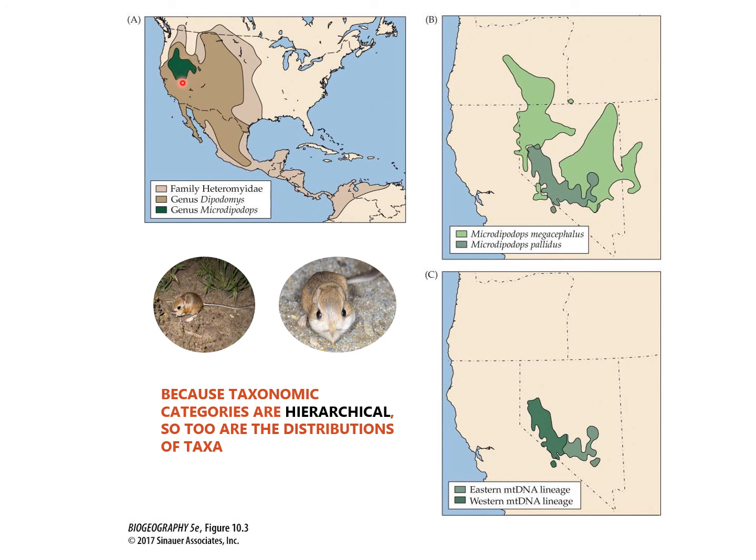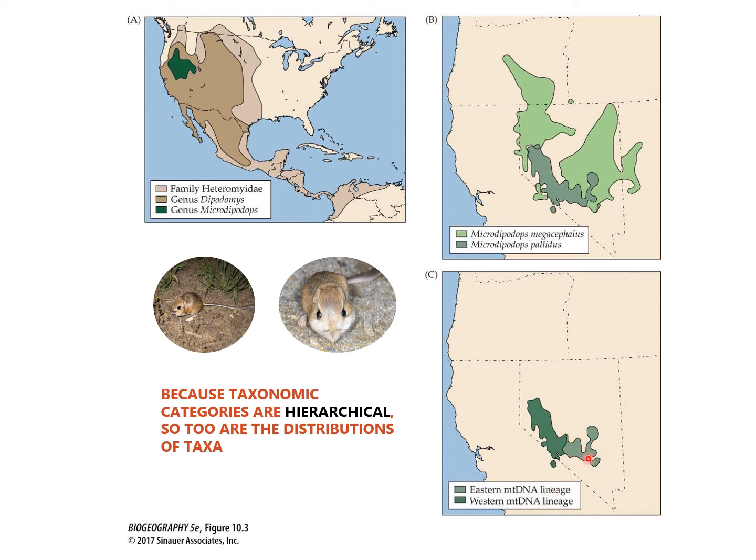And if we look at that genus specifically, there are a couple of species here, and you can see they have adjacent but non-overlapping geographic ranges within the genus. So within the geographic range of the genus, you have several geographic ranges of different species. And if we even look within this species here, there are two distinct evolutionary lineages.